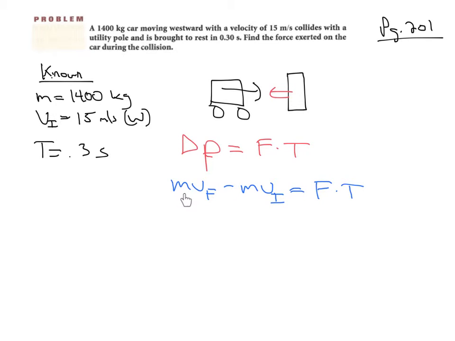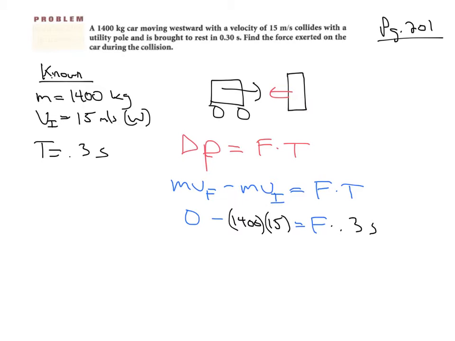Well, the final velocity of the car is going to be 0, because it's going to have a velocity of 0. So that's a momentum of 0, and then that is subtracted from the mass of the car, which is 1,400, times the initial velocity, which is 15, and that equals our unknown, which is our force, times time, but in this case, time is 0.3 seconds.